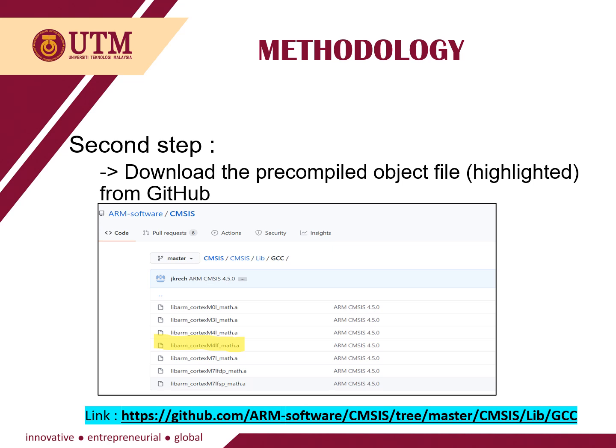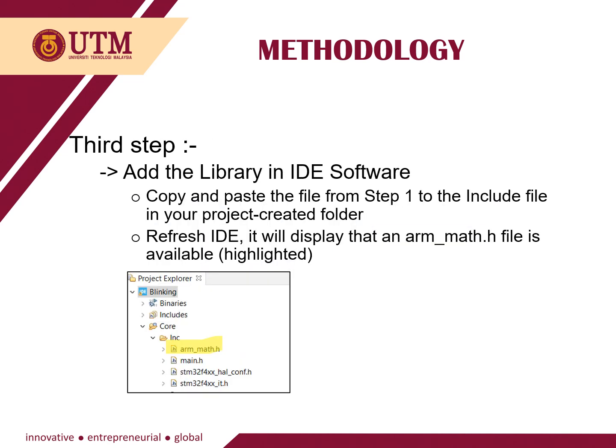The second step is to download the precompiled object file from GitHub as well. The link can be found as highlighted below. The third step is to add the library in the IDE software.